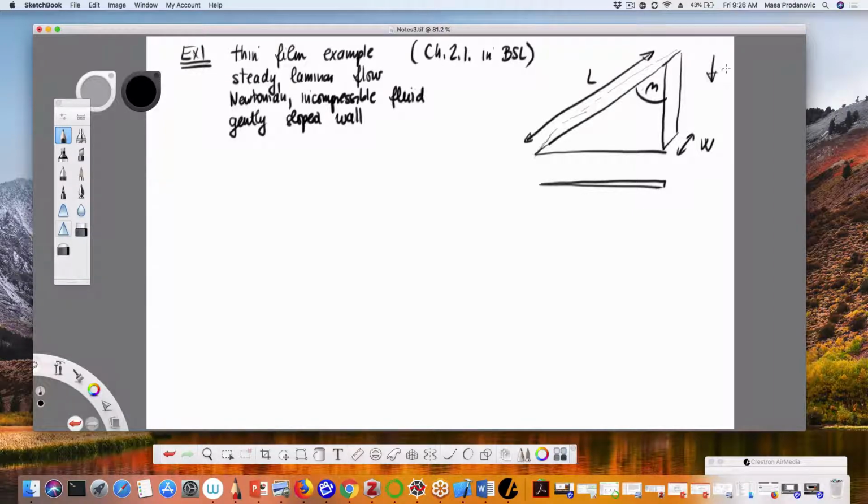Gravity is acting downwards. And I'm imagining a thin film, so basically there's a film of fluid here, and the thickness here is delta.